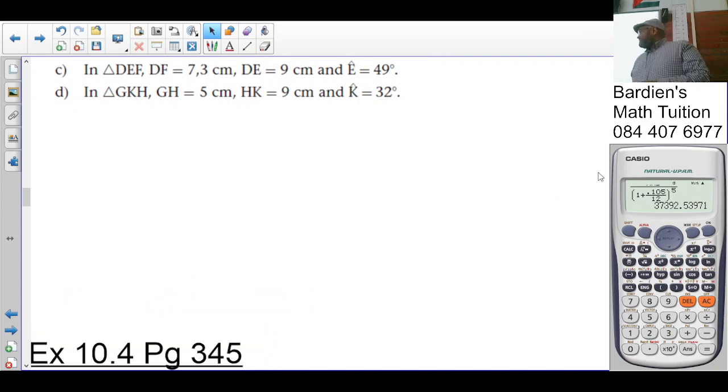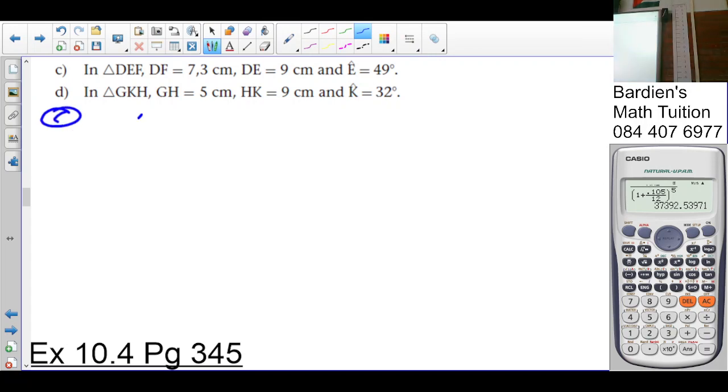So the question says in triangle DEF, so I just draw the triangle DEF. DF is 7.3 centimeters, DE is 9 centimeters, and angle E is 49. So what do you notice? The given angle is opposite the shorter side, so the ambiguous case is applicable.